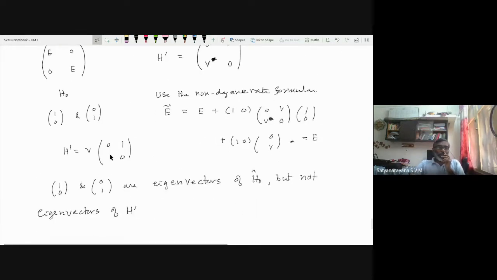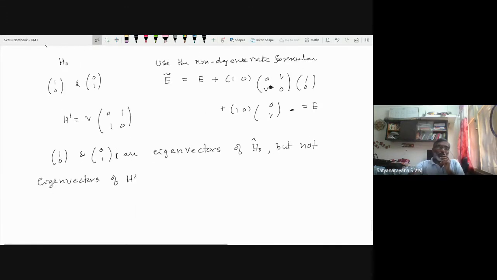So you know that any vector which is a linear combination of 1, 0 and 0, 1 is also an eigenvector. Suppose I take some x y with a 1 by square root of x square plus y square, which is an eigenvector of H0 with eigenvalue E. You can verify that.